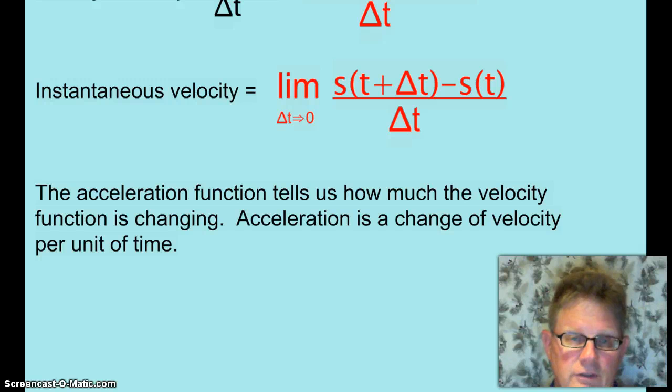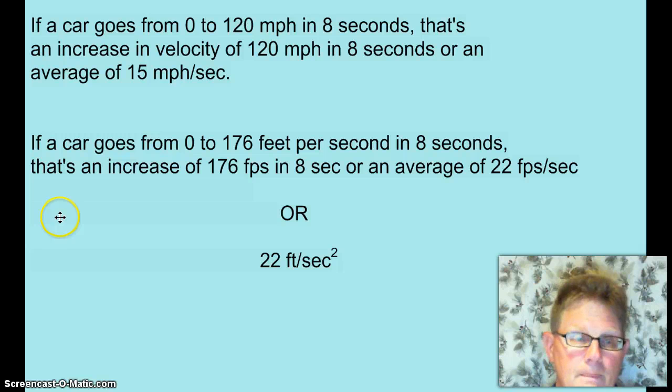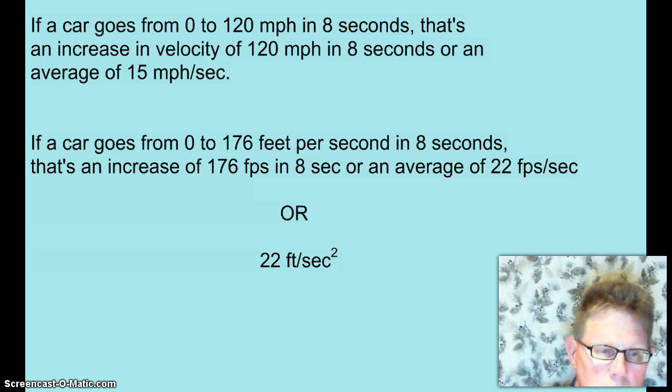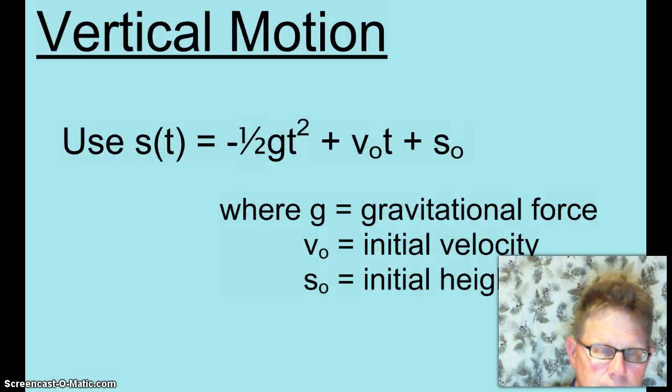The acceleration function tells us how much the velocity function is changing. Acceleration is the change of the velocity per unit of time. I will let you go ahead and read these and write them down if you so choose, and then we will move on. Okay, I need to speed it up a little bit here, so let's move on.